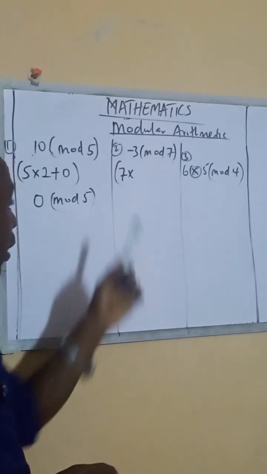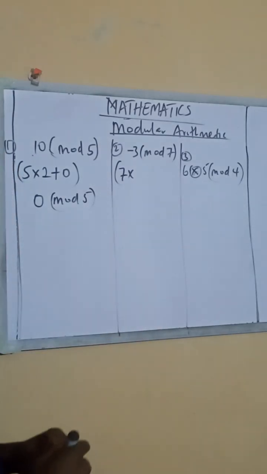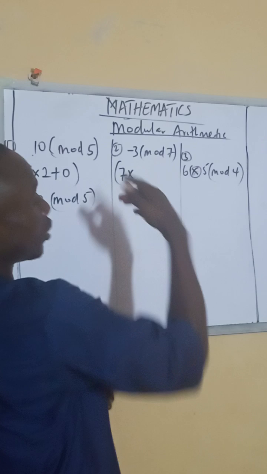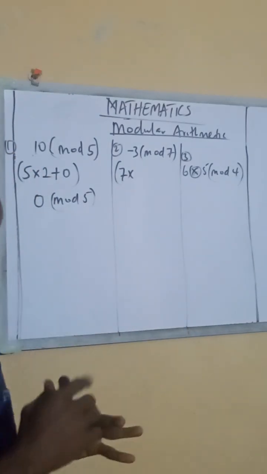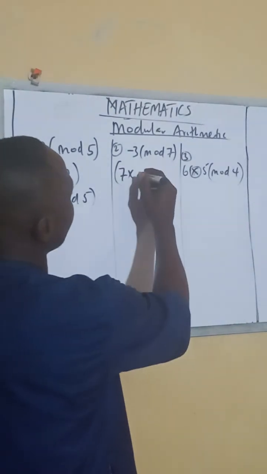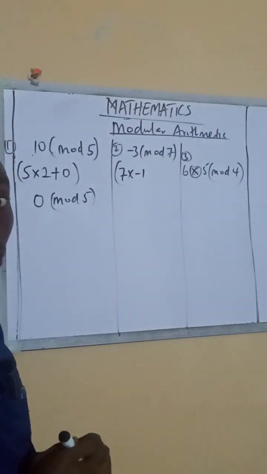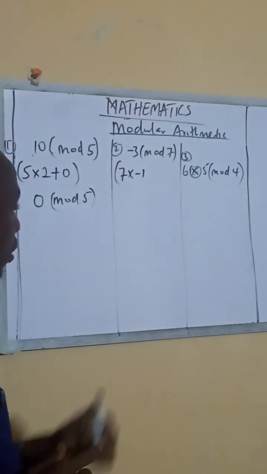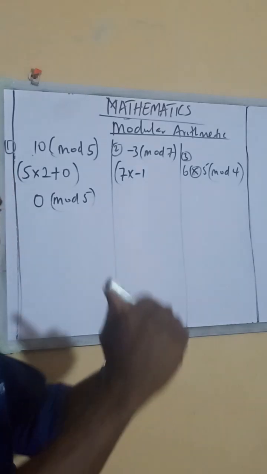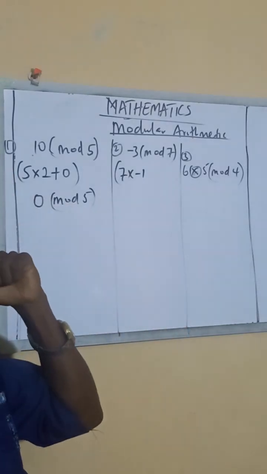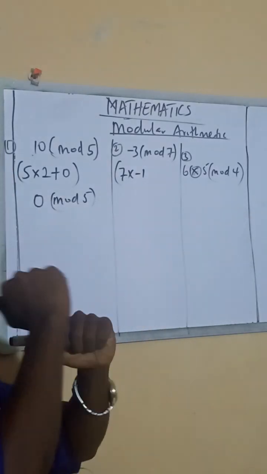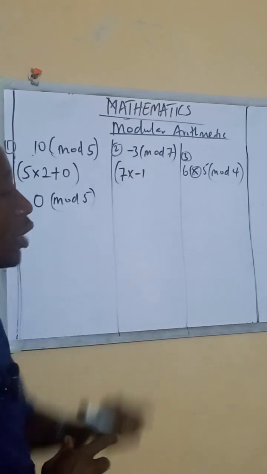This time around, it can actually be lesser. If you have 7 times minus 1, it will give us minus 7. Now, since we have minus 7, we have to backdate it, meaning rewind it in such a way that we get back to minus 3.